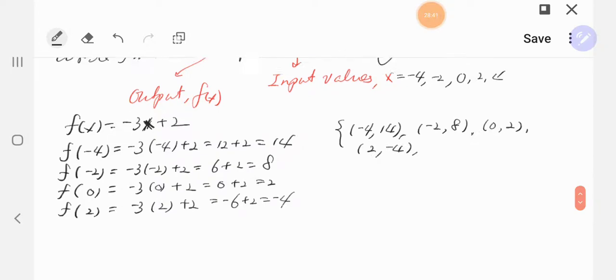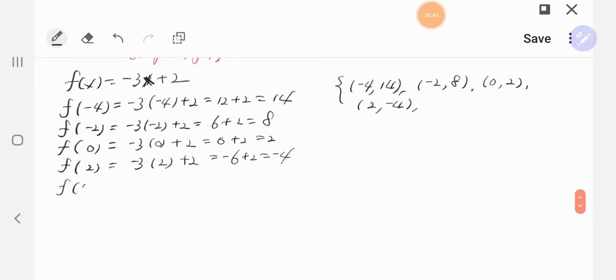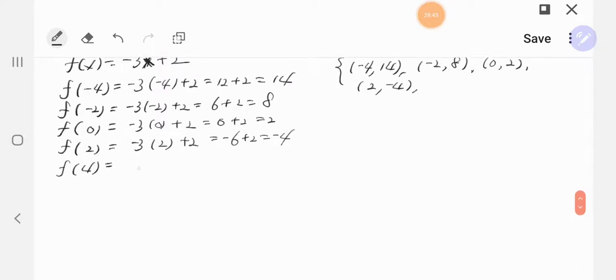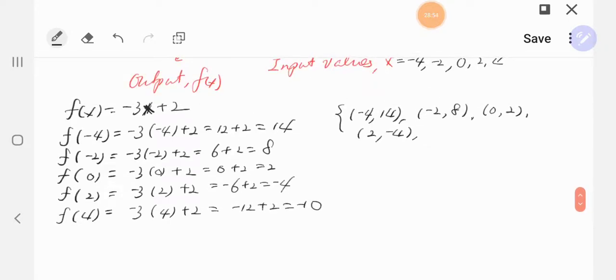Okay, we have one more. The last one is f of 4. So -3 times 4 plus 2, then -12 plus 2 is -10. So that's the output for the input 4. x equals 4, y is -10. And that's the set of all the ordered pairs.